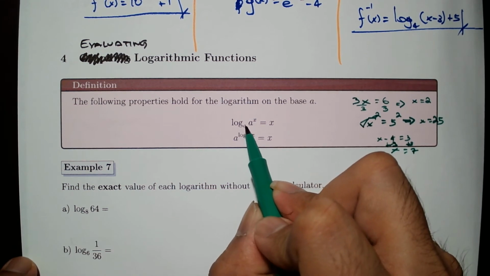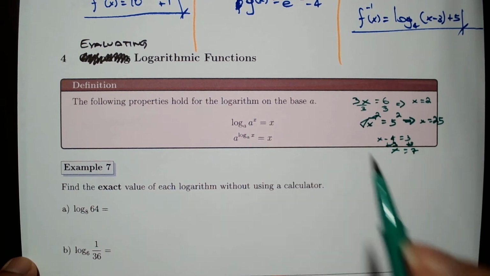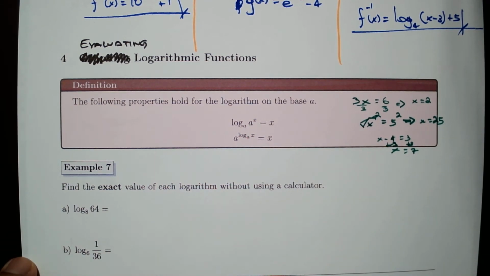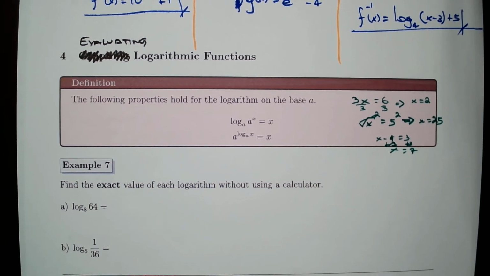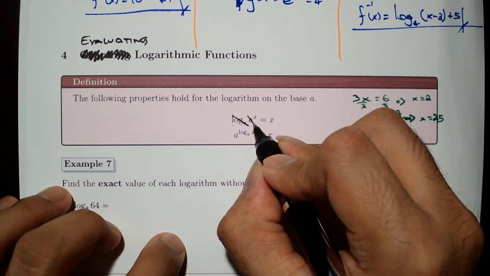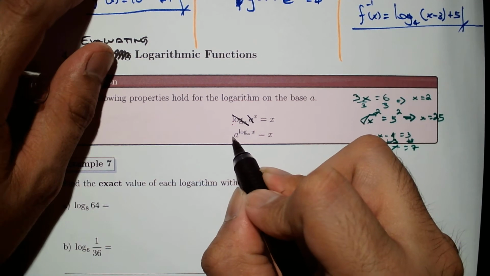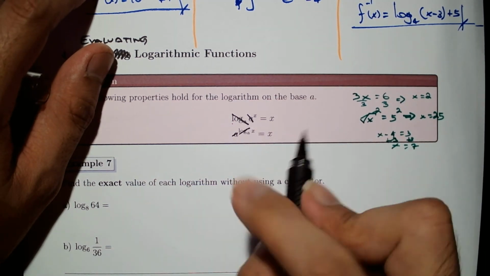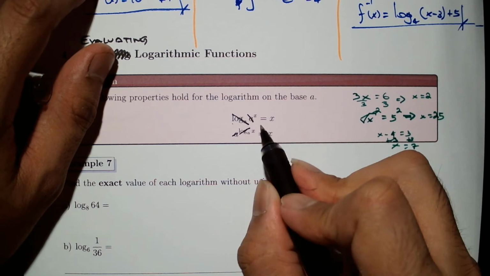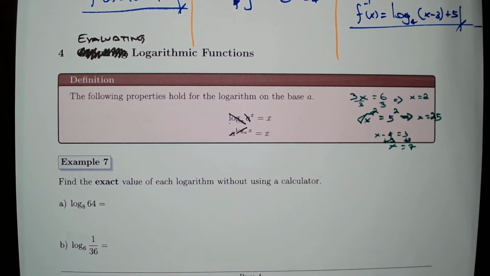The logarithm with the same base as that of the exponential cancels it: this logarithm base a cancels the exponential base a, and likewise a raised to a log of the same base cancel each other and leaves us with x only. So now let's see this in action with some examples.